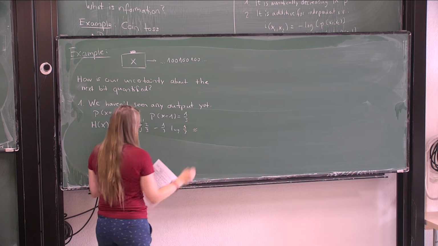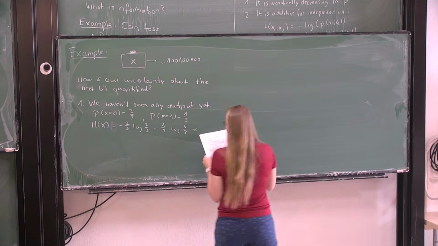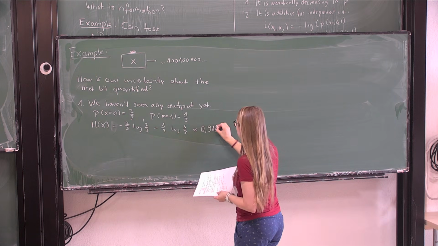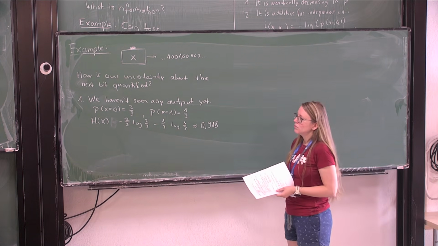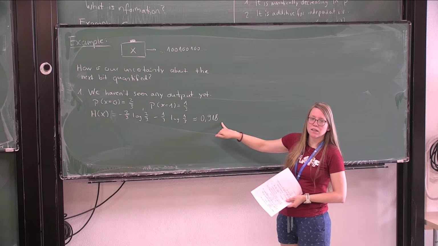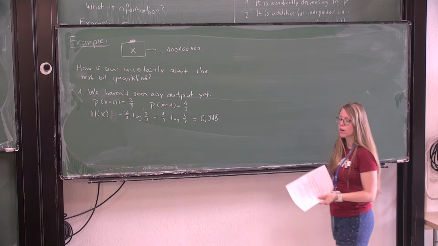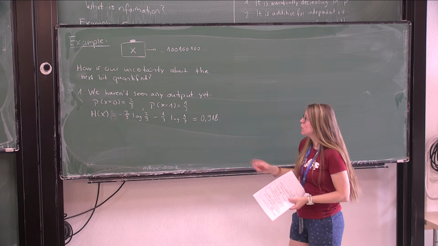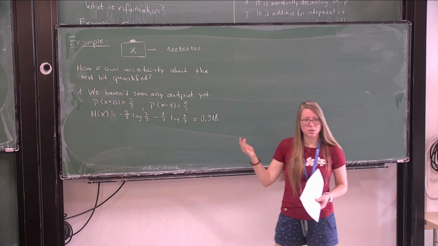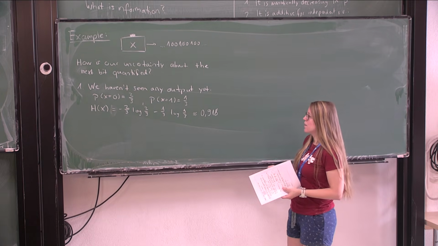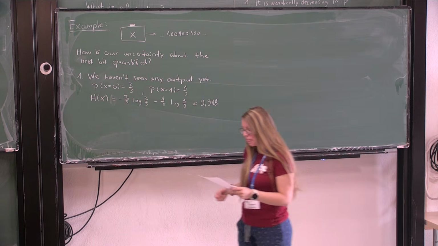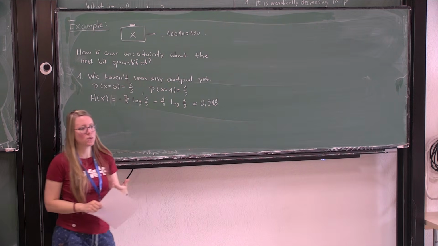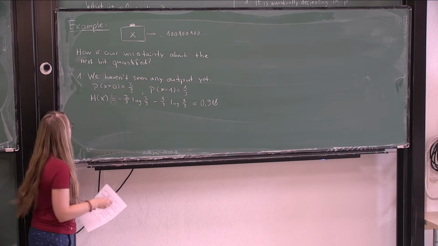And if you put this into your calculator, this is roughly 0.918. So you can see it's different from the coin toss that we had for the fair coin. It's a little less information that we get, because we already knew that certain bits are more likely than others. Okay, so that's the start. In the beginning, this is how much information we get when seeing 1 bit of output from the box.